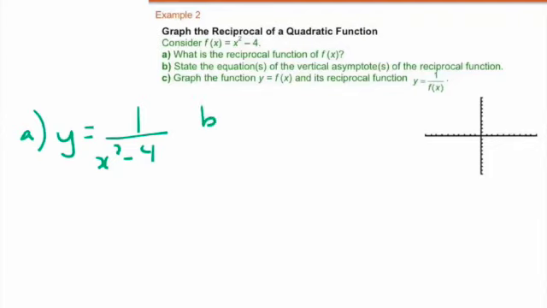Still need to find the vertical asymptotes. In this case, because it's a quadratic, we might have more than one. Easiest way to go about this is to factor it. It's a difference of squares.